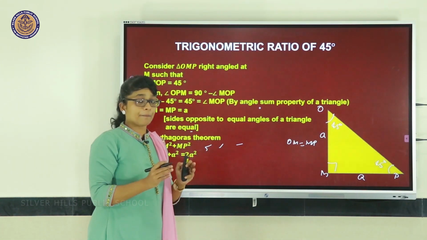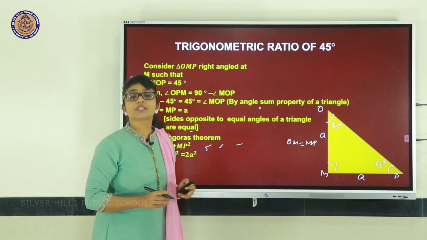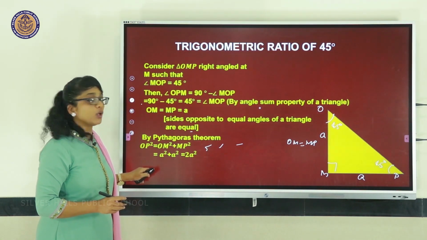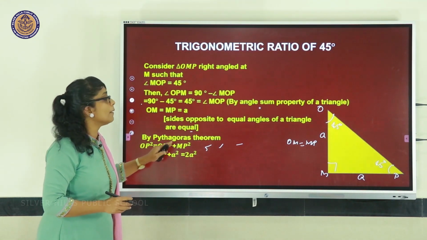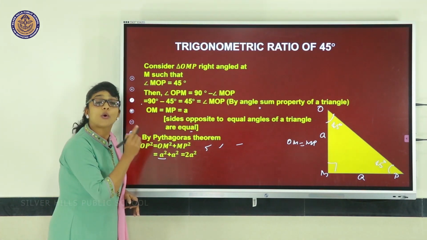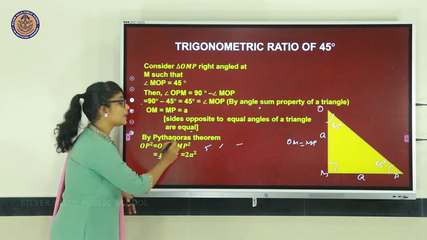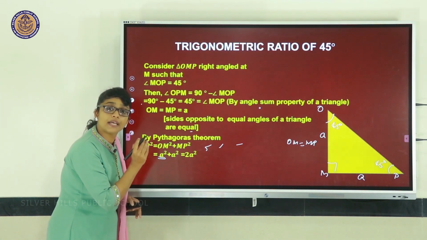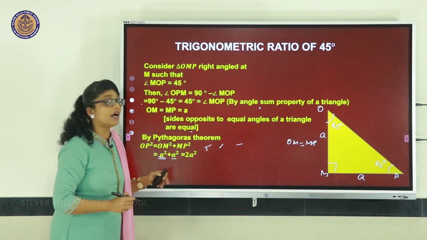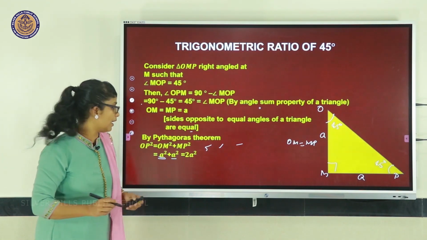Therefore, OP square is equal to OM square plus MP square. OM equal to A, that is A square, and MP equal to A, that is also A square. A square plus A square is 2A square.